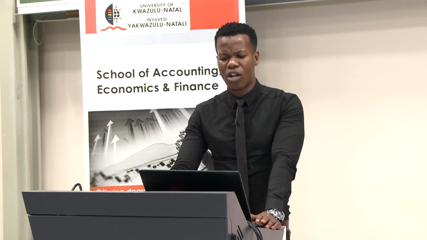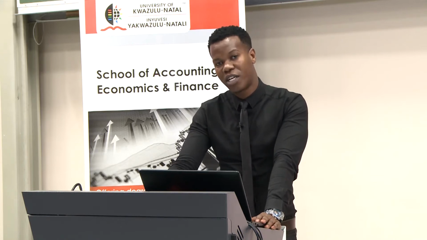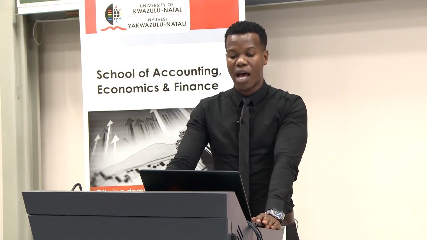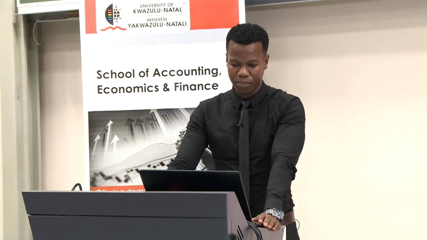Depreciation means that it's a loss in value of an asset. There is not necessarily cash that is flowing out of the business. We are not paying anything for that loss in value of our assets. However, it is treated as an expense, obviously, in your income statement, but it is a non-cash item.